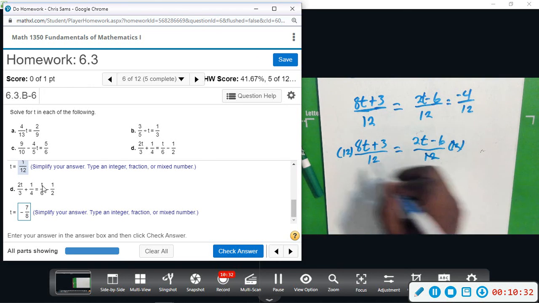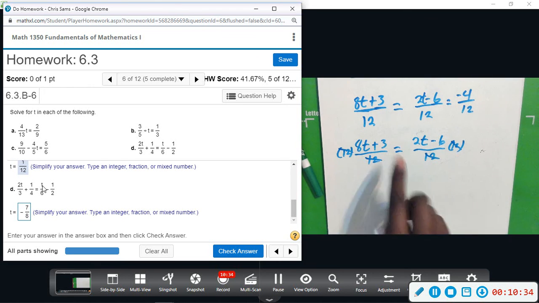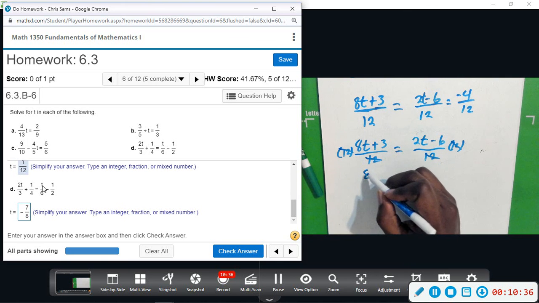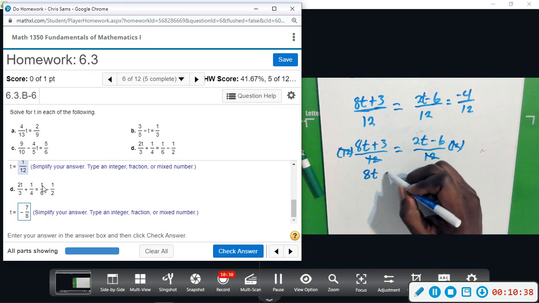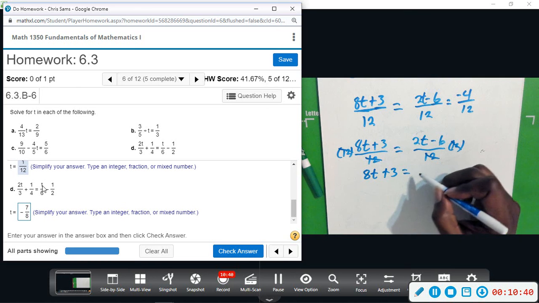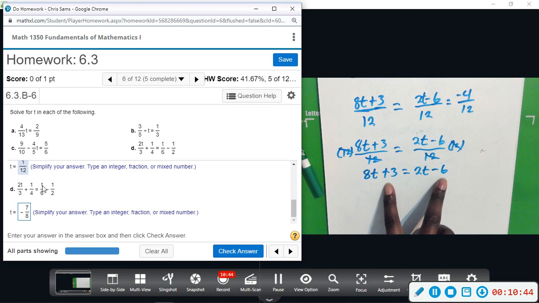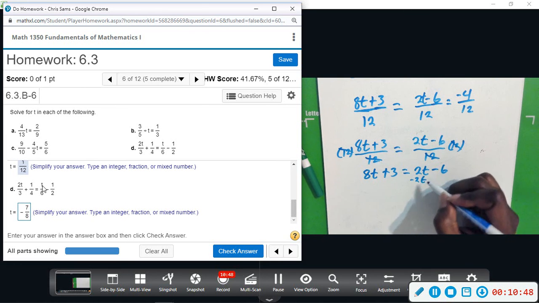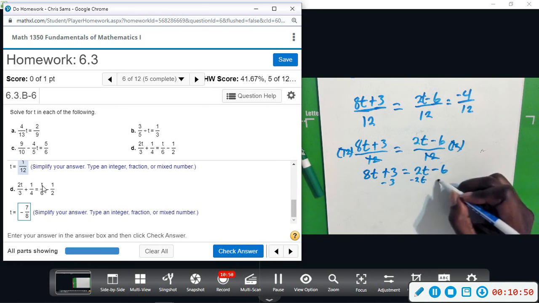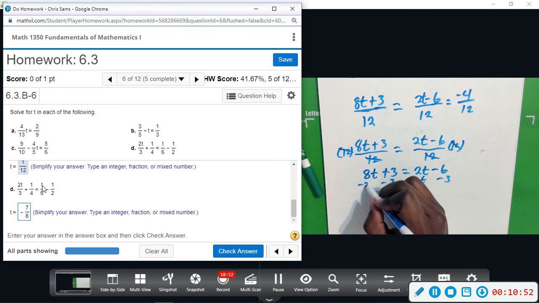Whatever you do to one side, you do to the other. And so our equation simplifies a little bit to 8t plus 3 equals 2t minus 6. And then we'll subtract 2t and subtract 3 from both sides.